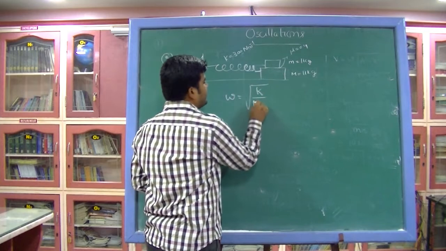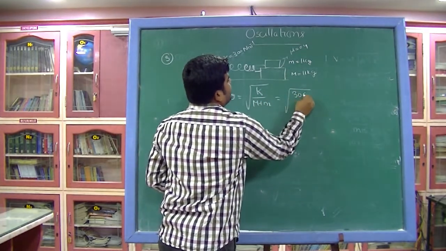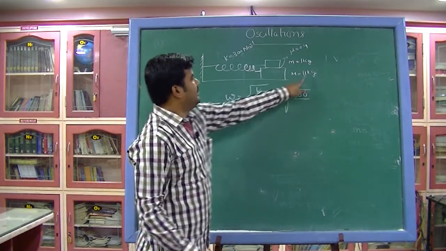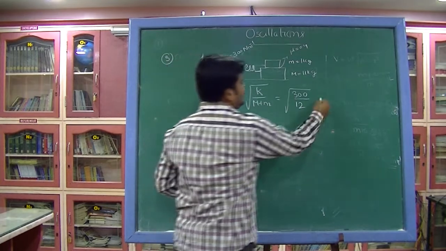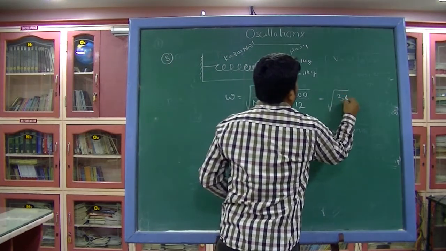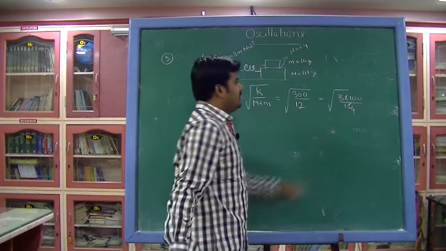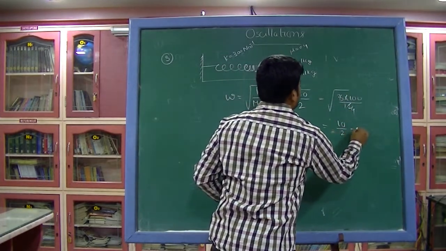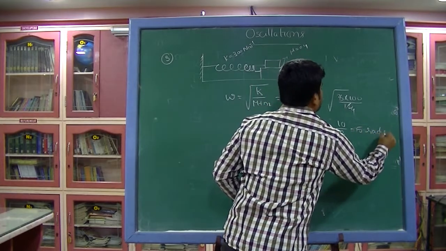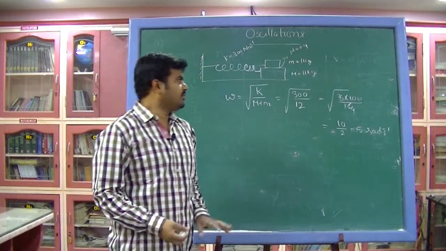So, let me write it as capital M plus small m first, then the k value is 300 and the mass is 11 plus 1, that is 12 kg. Now, simplifying this, we will get 3 into 100 by 12. So, it is 3 ones 3, 3 fours. So, root of 100 is 10 and root of 4 is 2. So, it is 5 radian per second, the angular frequency of oscillation of this particular system.